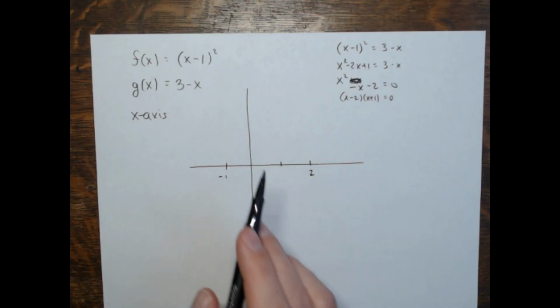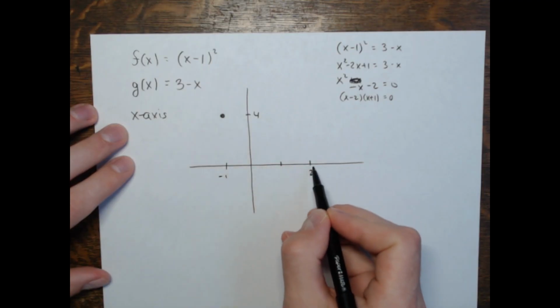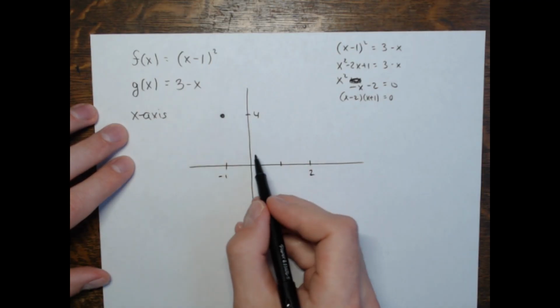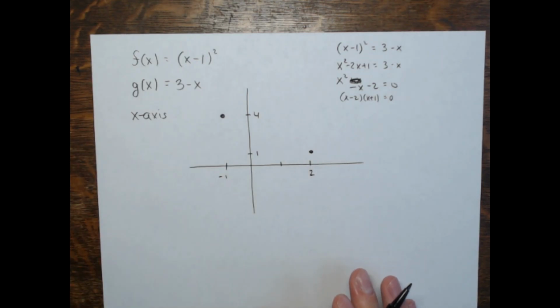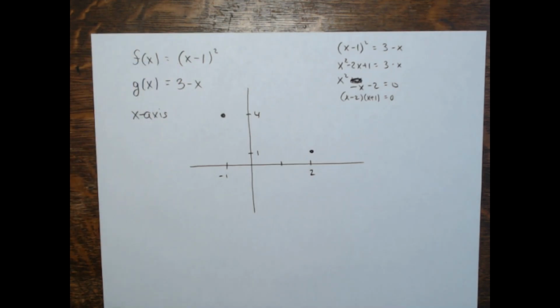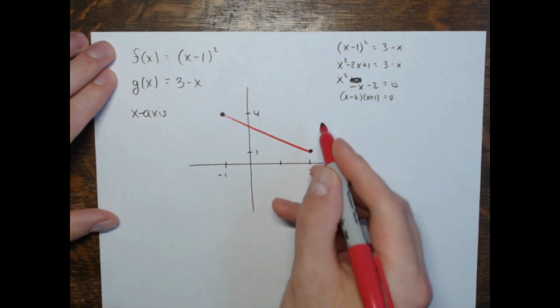So at -1, they're both going to have a value of 4. And at 2, they both have a value of 1. And one of them's a line, straight line. So here's the g function. That's g.